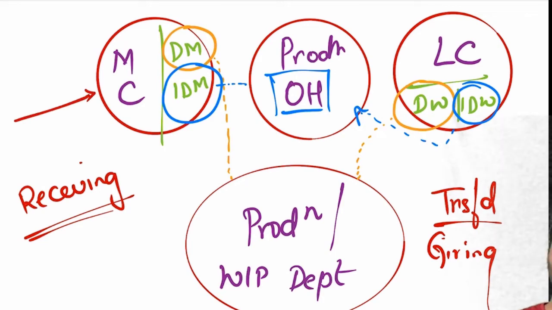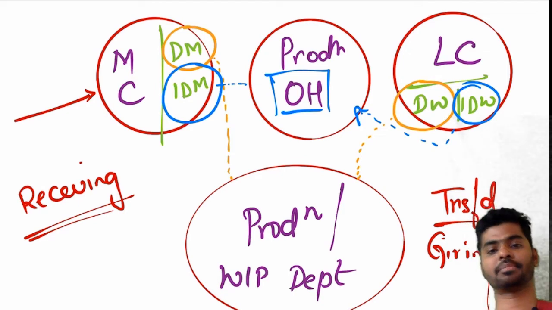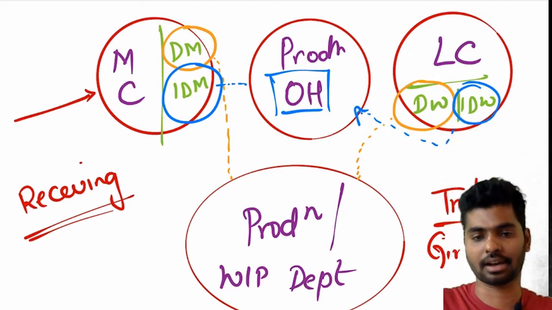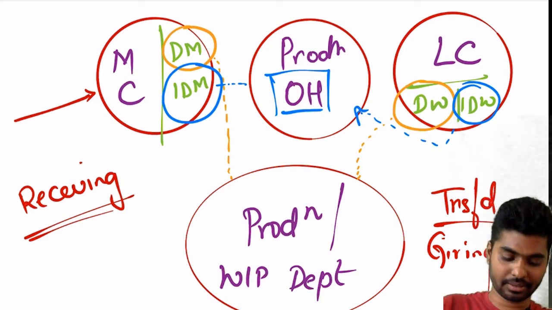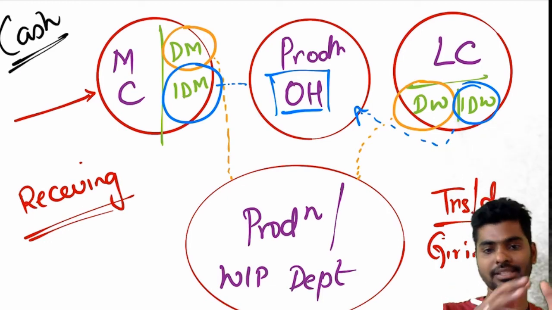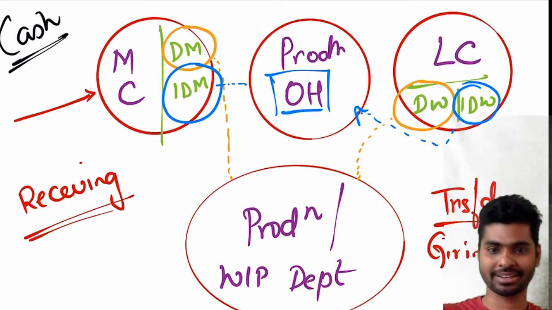And when I purchase raw material, what is happening out there? Raw materials are coming in, but cash is going out. Or sometimes you might have bought raw materials on credit.